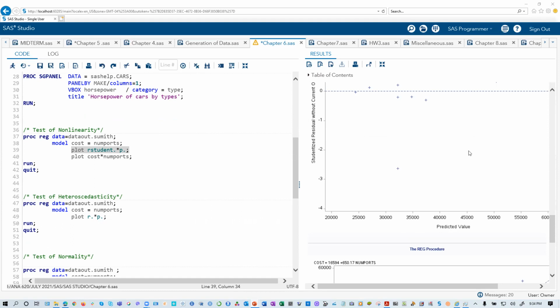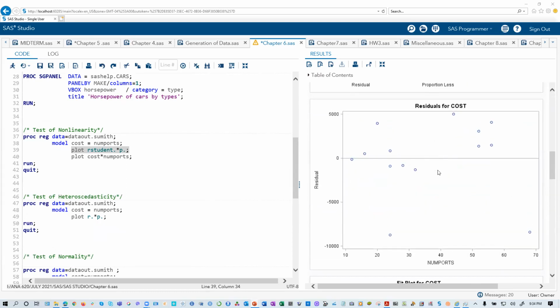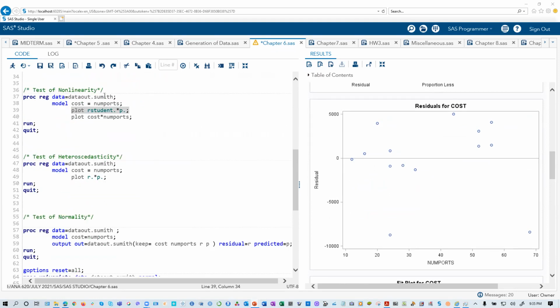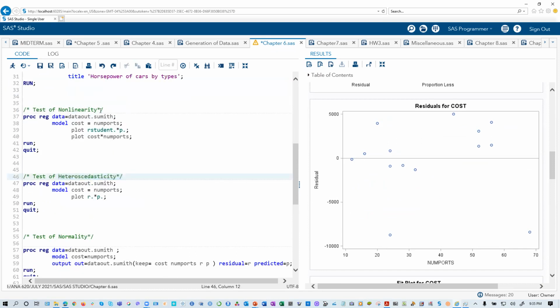This can be utilized to check the homoscedasticity. This can also be utilized to check the linearity. So if I use this one, you can check this one as well over there.